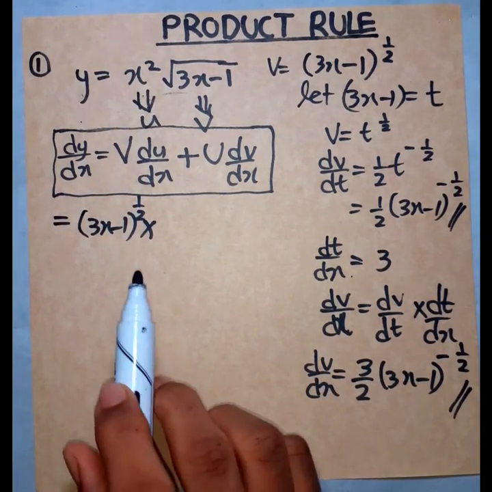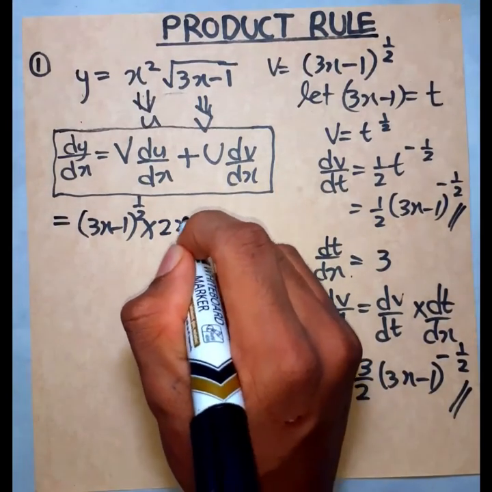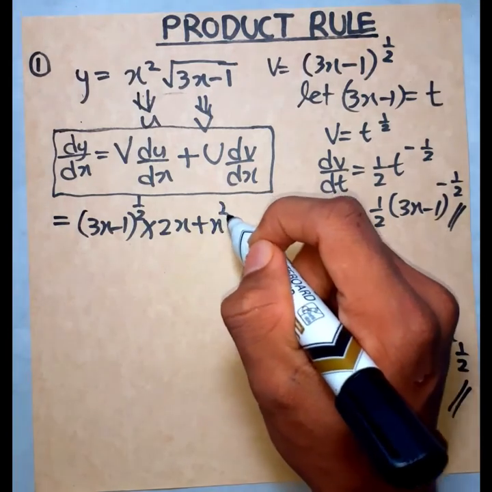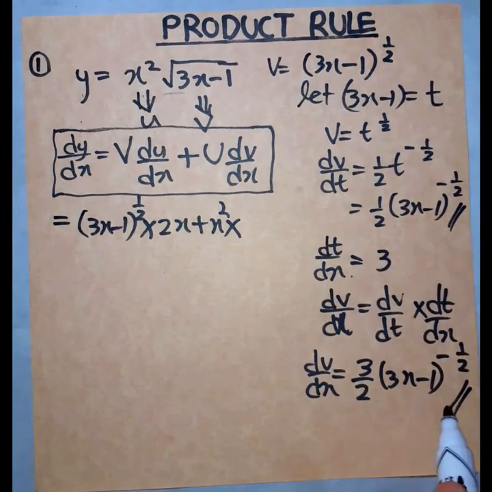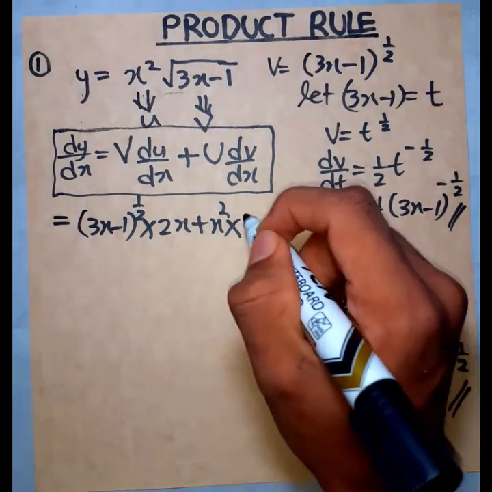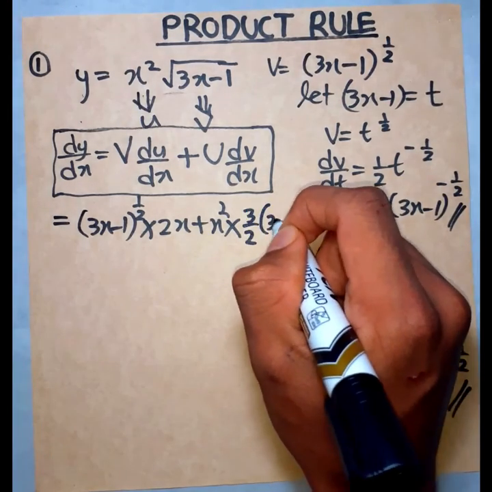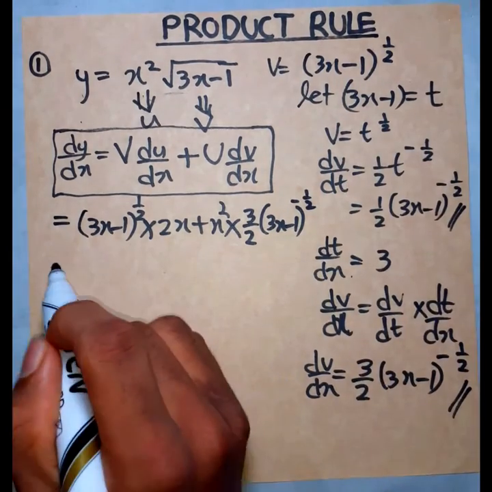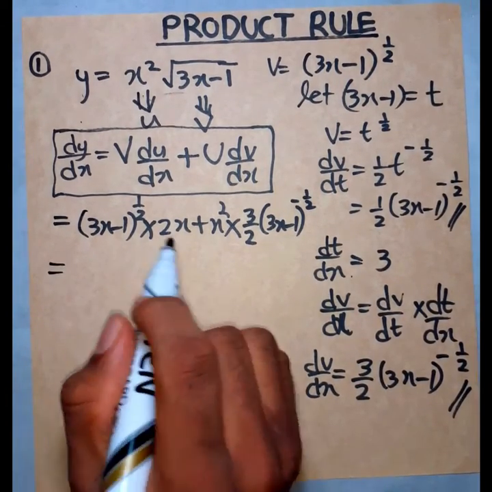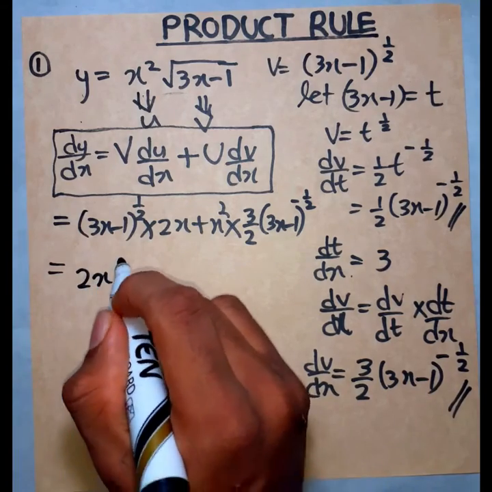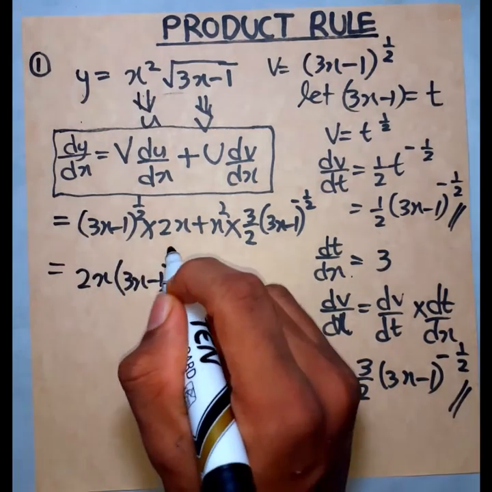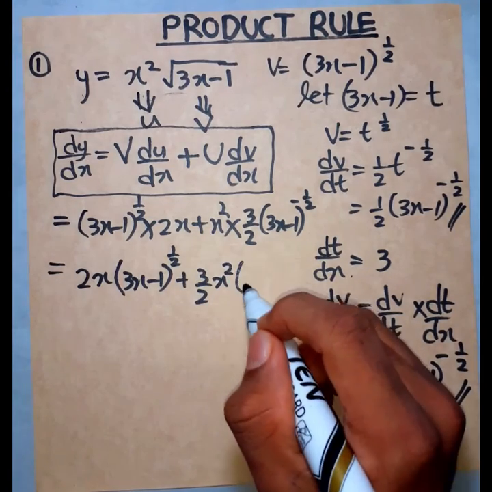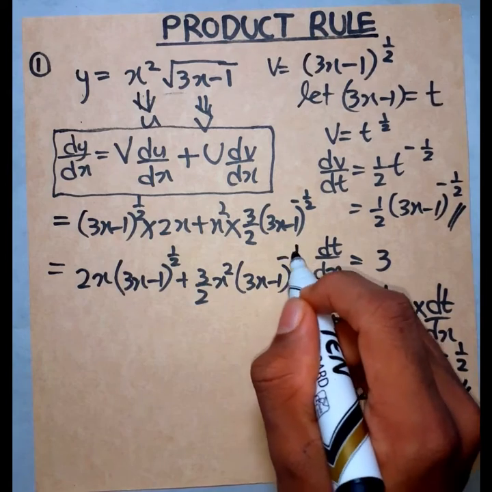So when you differentiate x squared, you're going to end up with 2x, plus u, which is x squared, multiplied by dv by dx. dv by dx is going to be this, 3 over 2, 3x minus 1 to the power minus half. So when we simplify this, we end up with 2x 3x minus 1 to the power half plus 3 over 2 x squared 3x minus 1 to the power minus half.